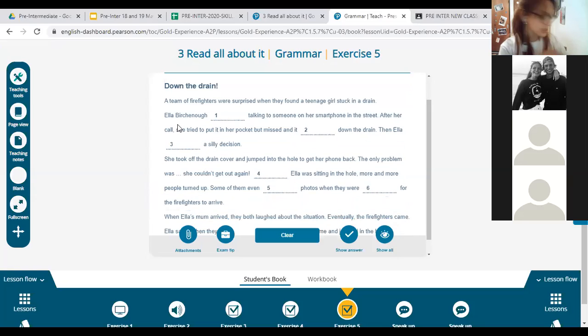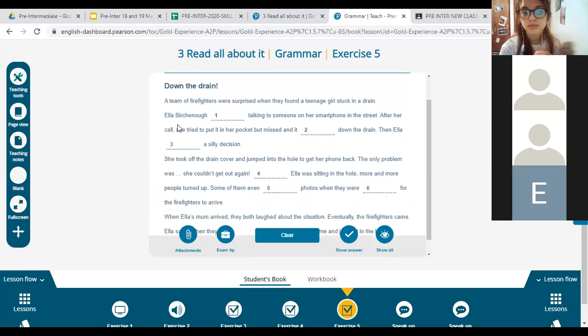Okay, so let's see, Tommy, can you start? Yes. A team of firefighters were surprised when they found a teenage girl stuck in a drain.